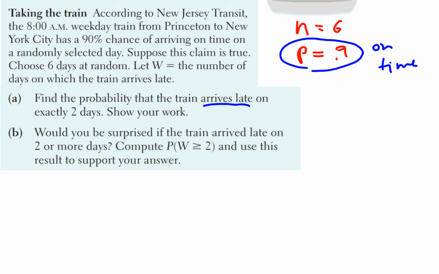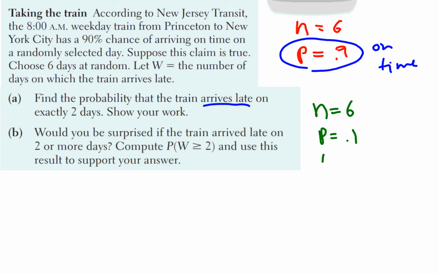So for the problem we're doing here, n is still 6. We're still going to check 6 days at random. But the probability of the train being late on any of those 6 days would be 0.1, the complement of the 0.9. And they wanted it to arrive late exactly 2 days, so that's k equals 2.